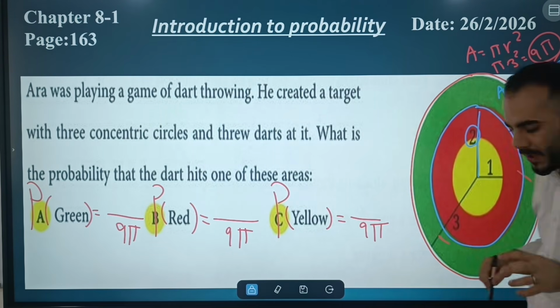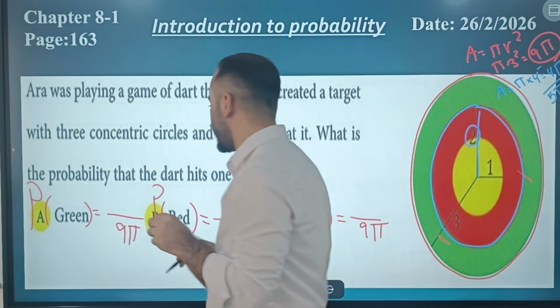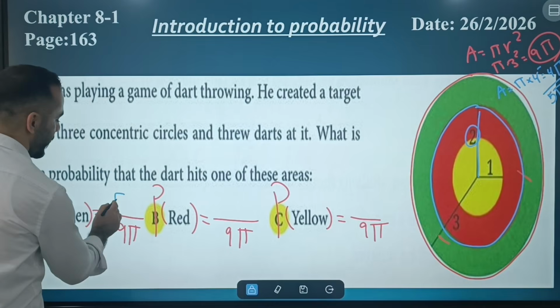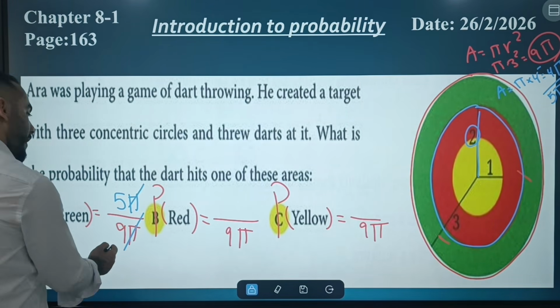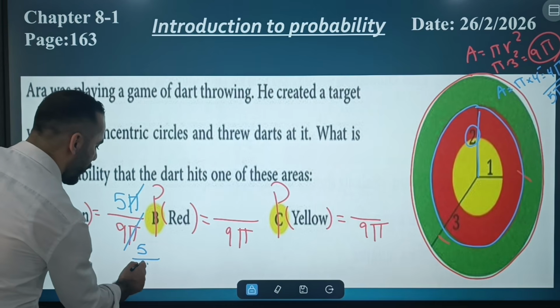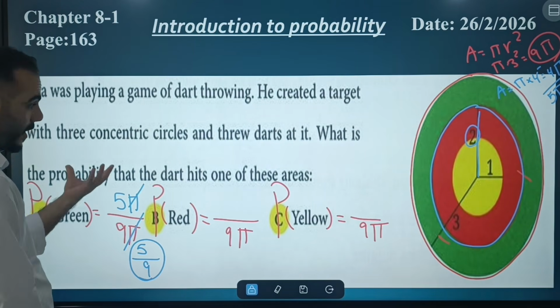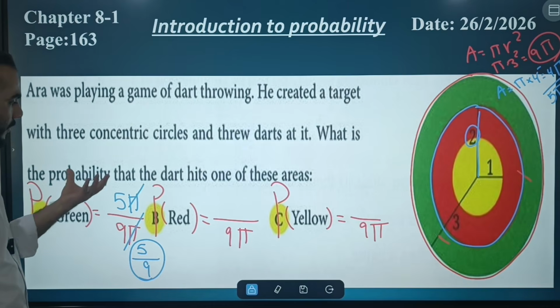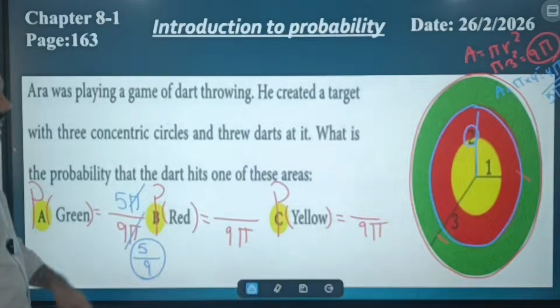So we can conclude that the area of the green circle is 5 pi over 9 pi. Pi is going to cancel with this pi. What will remain? 5 out of 9. That is the probability of the dart hitting the green area.